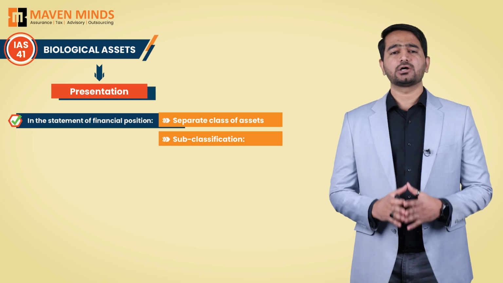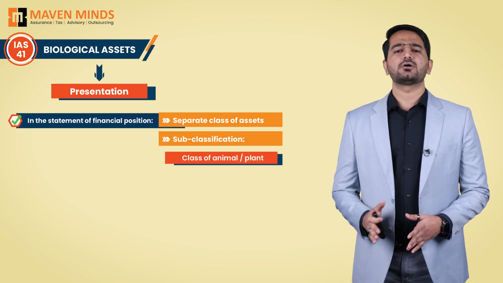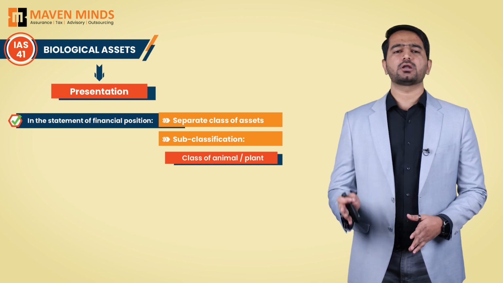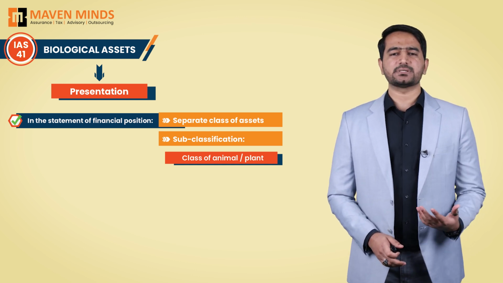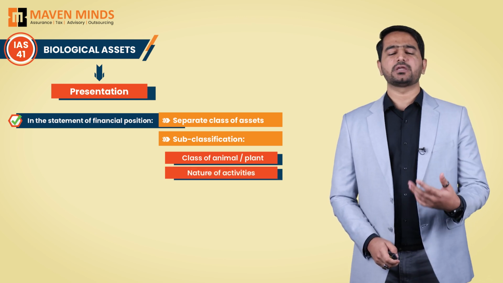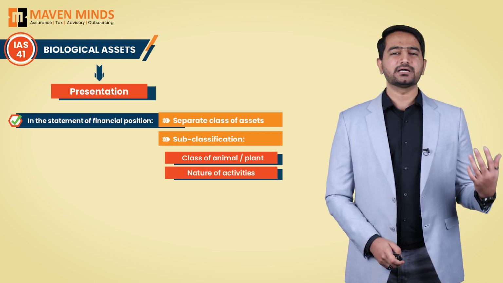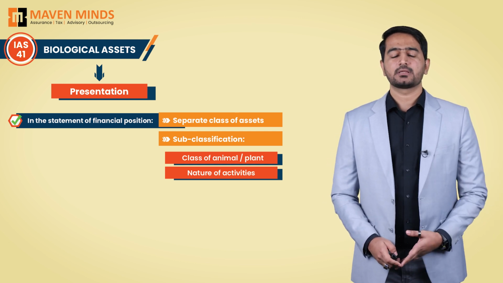Biological assets can be grouped by the type of animal or plants like cows, sheep, apple trees or grapevine, or these can be grouped on the basis of their purpose, like whether they are consumable assets like livestock raised for slaughter or bearer assets like dairy cows used to produce milk.